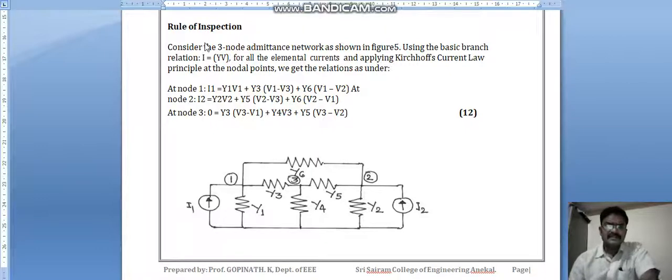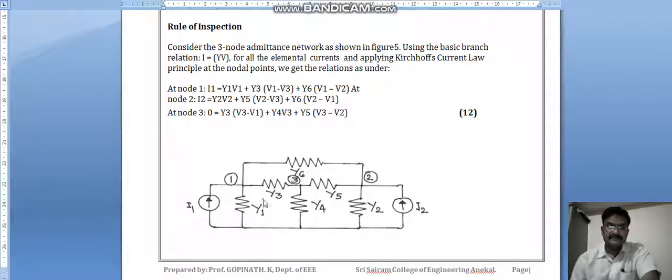Consider the three-node admittance network as shown in the figure. Using the basic branch relation I = Vy for all elements, and applying Kirchhoff's current law at the nodal points, we get the relations as under.